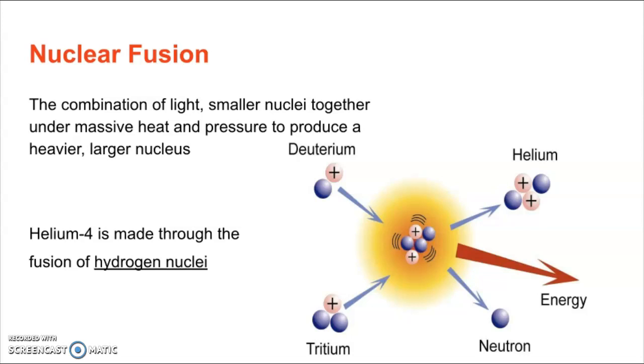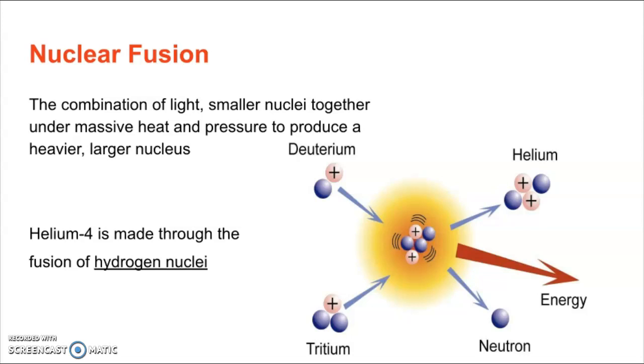You're combining nuclei. You take light, small nuclei, and under massive heat and pressure, those extreme conditions, you fuse those 2 or 3 smaller nuclei together and produce a heavier, larger nucleus.